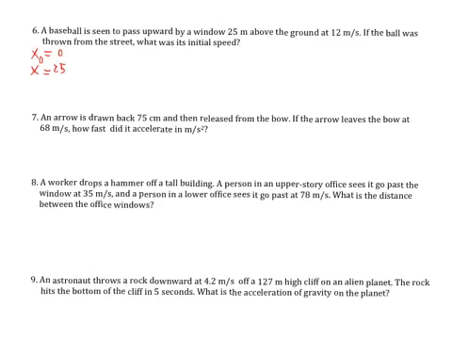Now at the end, it's going 12 meters per second, and I know that the acceleration is -10. I don't know what the time is, but what I want to find is its initial speed. That's what I'm looking for. So it looks like I'm going to have to use this equation here.